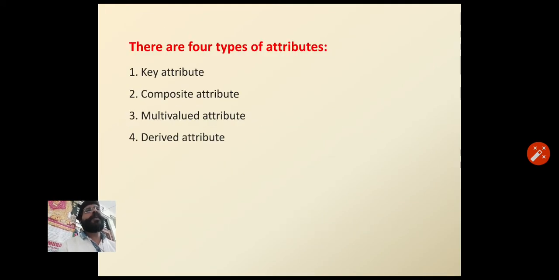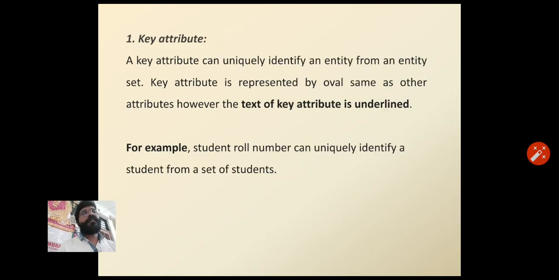There are four types of attributes. First is key attributes, second composite attributes, third multi-valued attributes, fourth derived attributes. Key attributes: a key attribute can uniquely identify an entity from an entity set. A key attribute is represented by an oval, same as other attributes. However, the text of a key attribute is underlined.